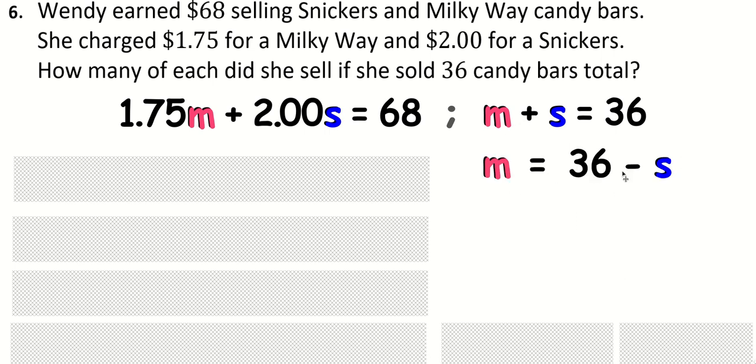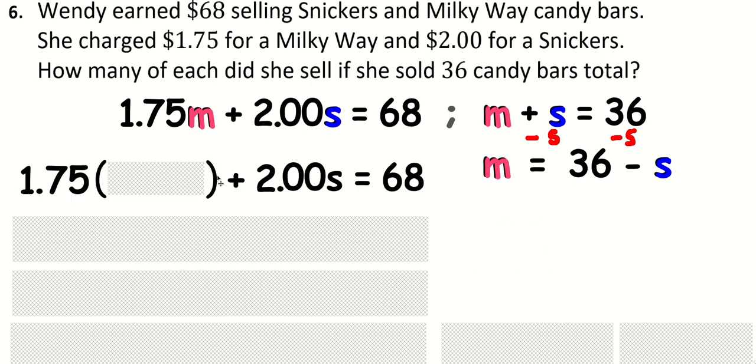So you have to do this quick step first, like move the S to the other side by subtracting it. That's not very nice, I'm writing with my mouse. So now we know that M equals 36 minus S, which means we can replace this M with 36 minus S because they're equivalent to each other. So you could just say that.